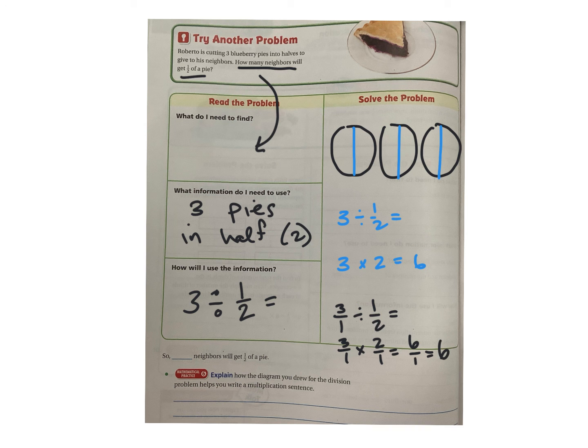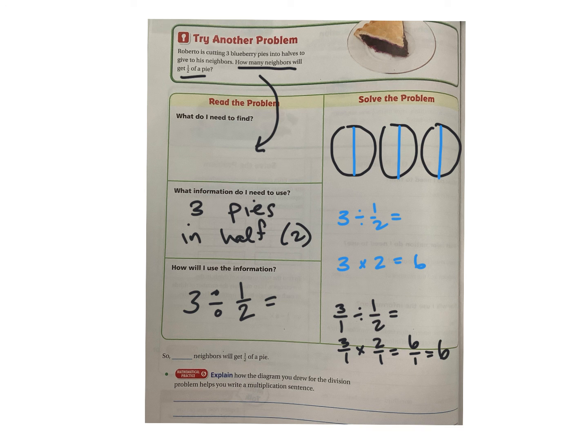So this is the answer we'll end up getting. This lesson is just explaining to you, so that your brain will accept it later, why we flip that. This is a division problem with a division. Fractions are division anyway, so it's like double negatives in language arts.